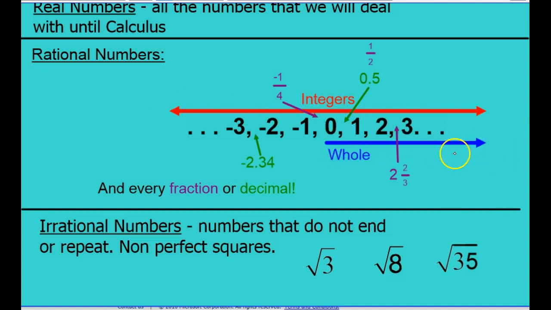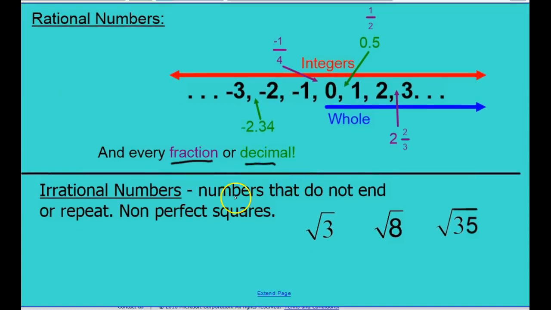Whole numbers, so anything higher than or 0 and up. And every fraction or decimal. So negative 1/4, or 1/2, or 0.5, or negative 2.34, or 2 2/3. All of those are rational numbers.